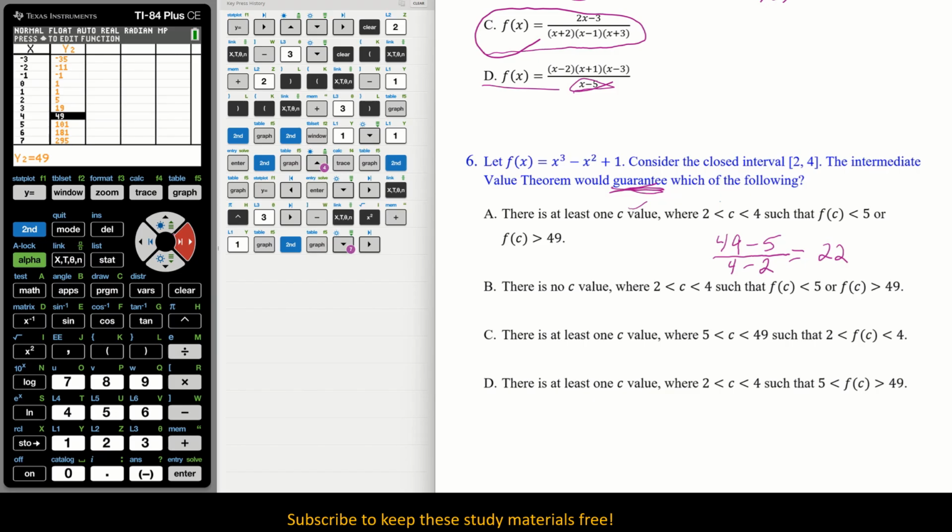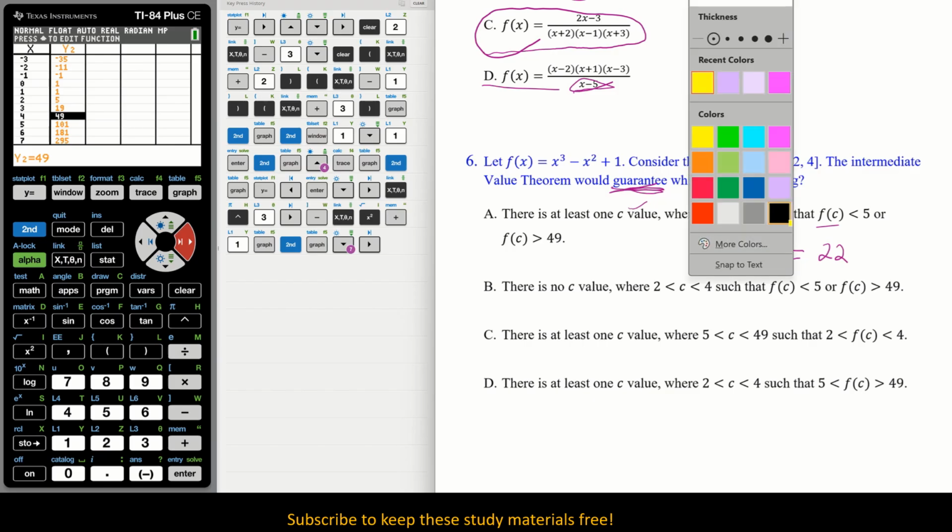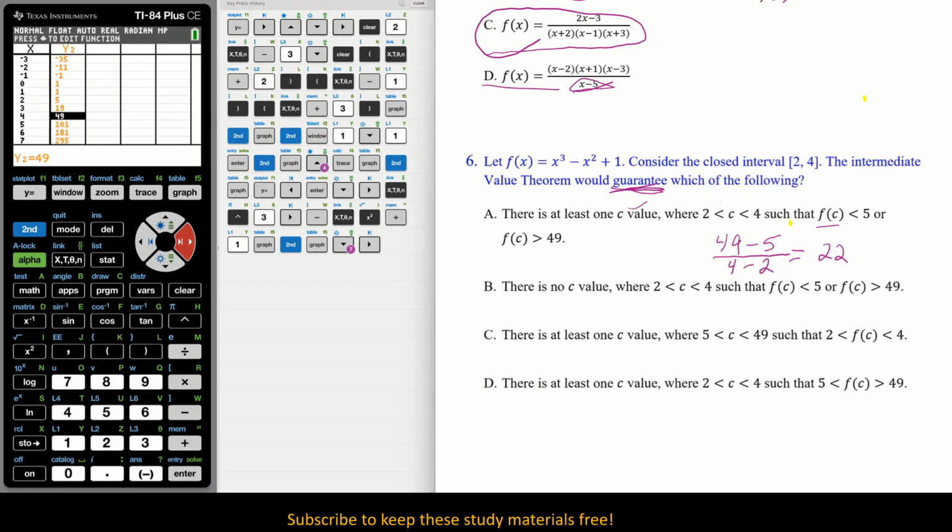However, such that f of C is less than 5, that will have to be in between these values. Okay? Just as this is true, that would be true here.